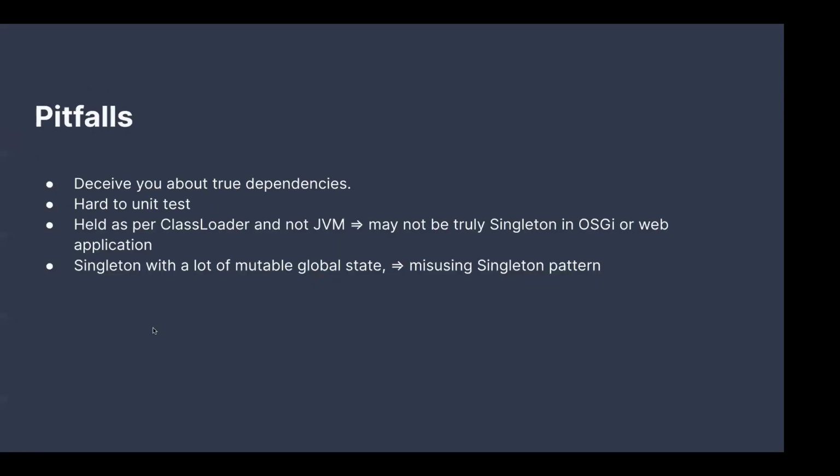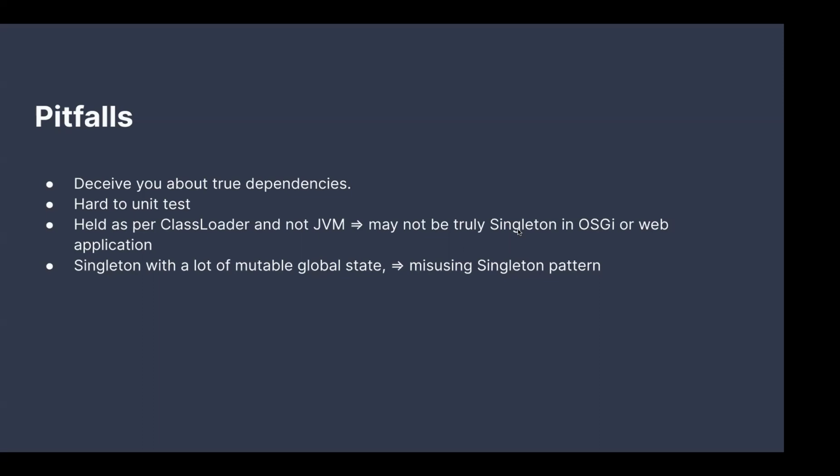And the last two points we have is, in singleton the creation is static and it's held as per the rules of the class loader and not that of the JVM. So what you have may not actually be a singleton in case of OSGi or web applications.